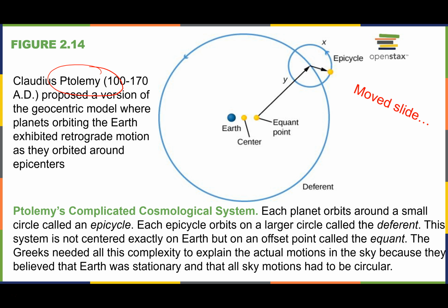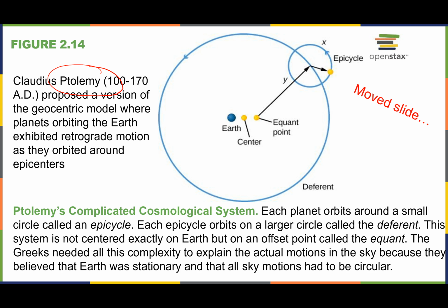So one of the things that they had to explain was the motion of the planets. The planets tend to kind of wander backwards, and we call this retrograde motion. So it has direct motion and retrograde motion. What Ptolemy did was put those little planets orbiting the Earth, with the Earth at the center of everything, which we know is not true.